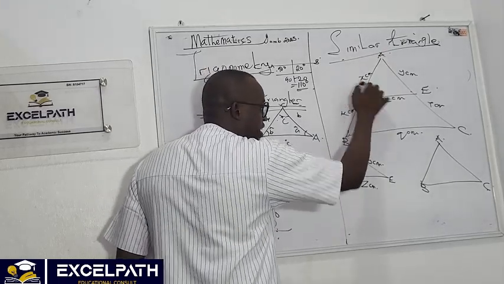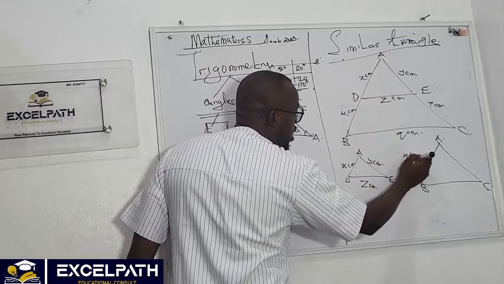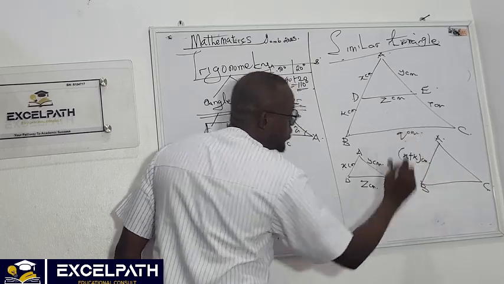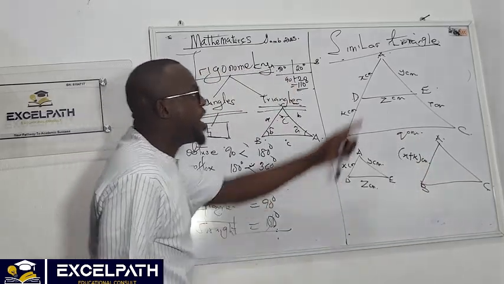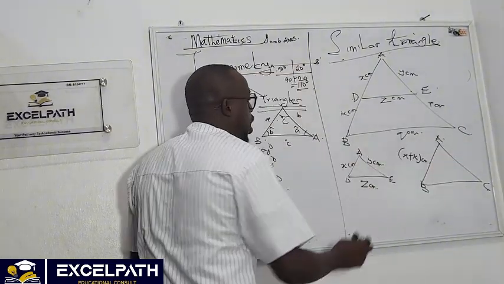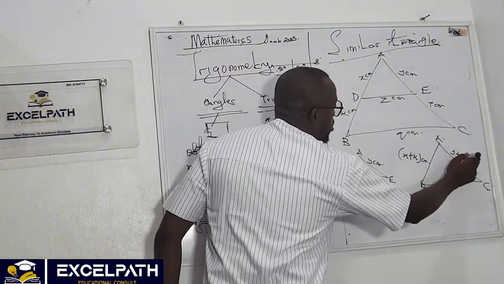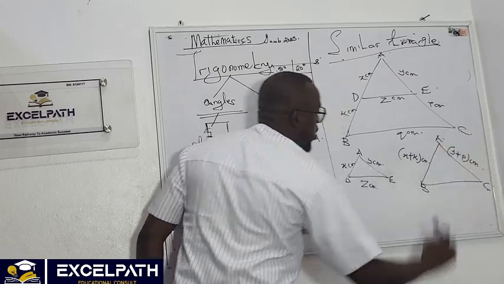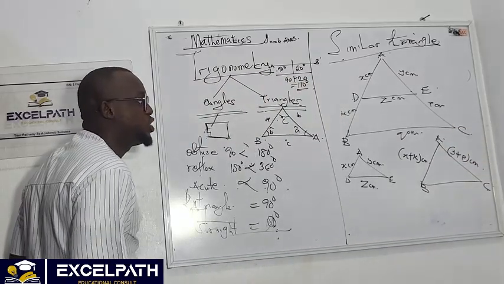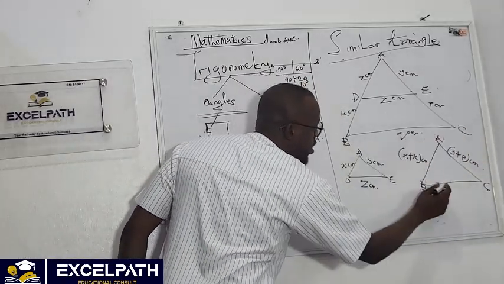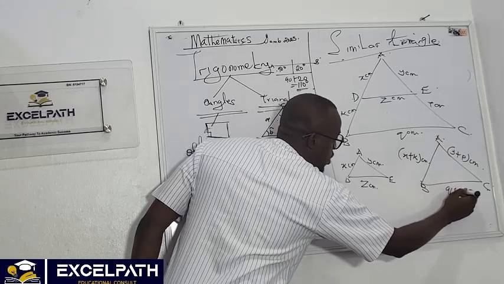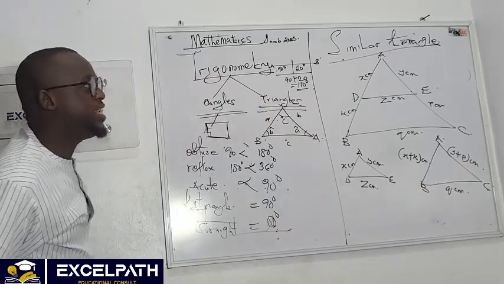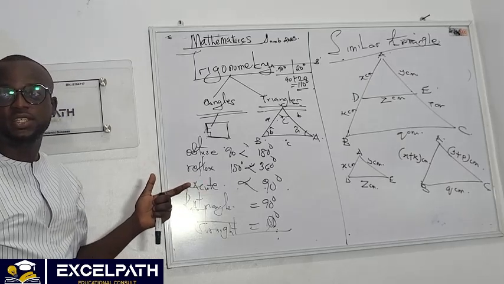It is X plus K centimeter. What will be from A to C? It is Y plus P centimeter. What will be from B to C? From B to C, it is Q centimeter.